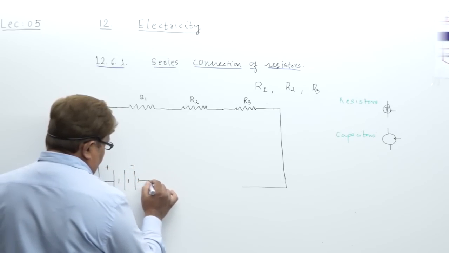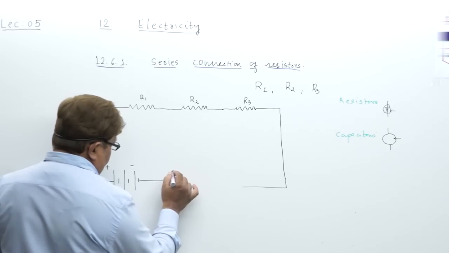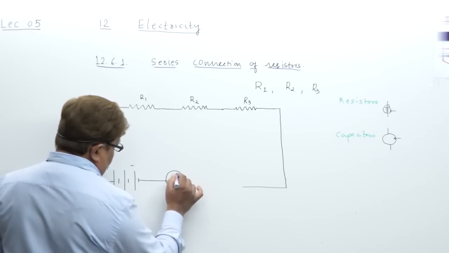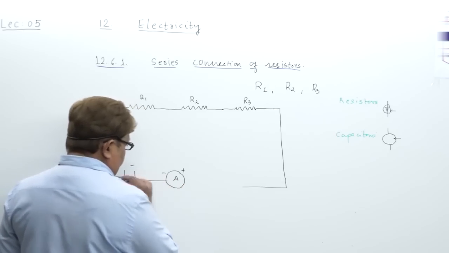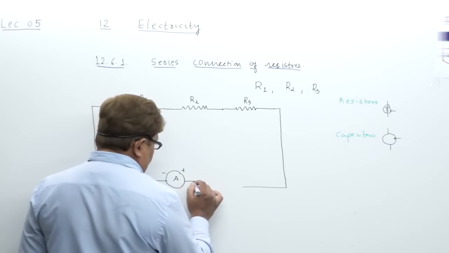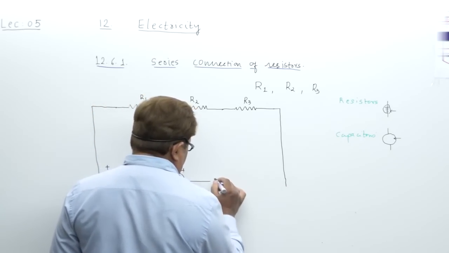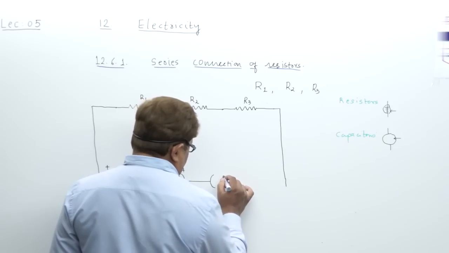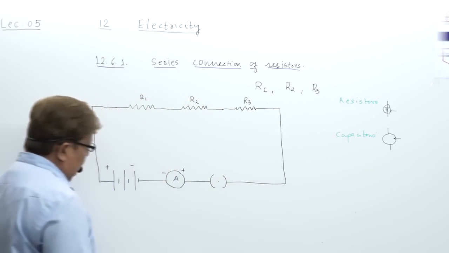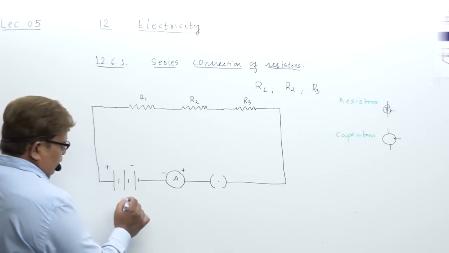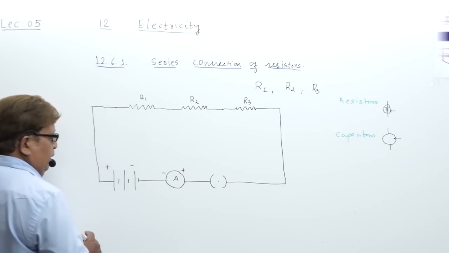Then you show the ammeter, negative, positive. The ends have to synchronize, that you should know. And this is, my dear student, the plug key already. Suppose this is the circuit. This is the battery already, right?